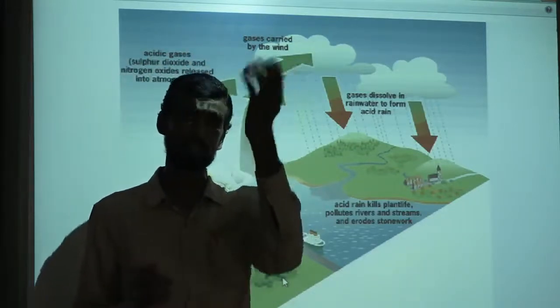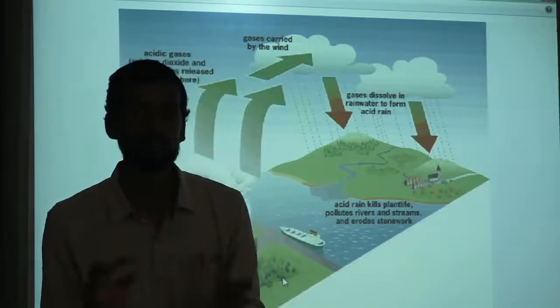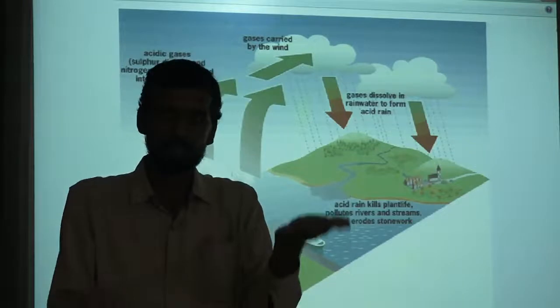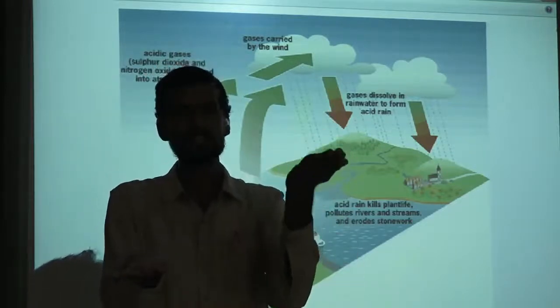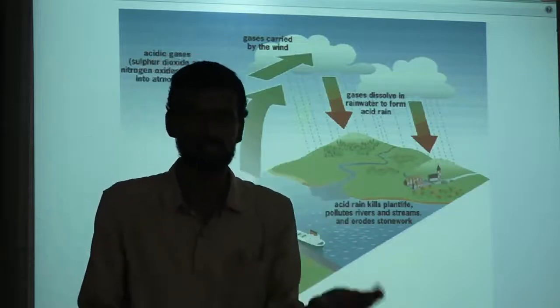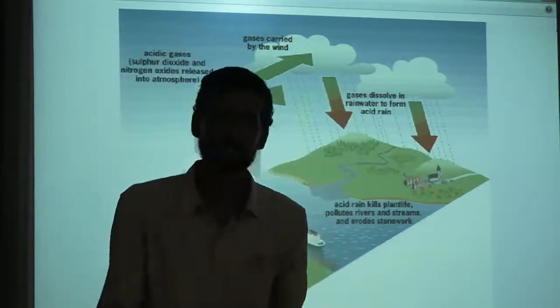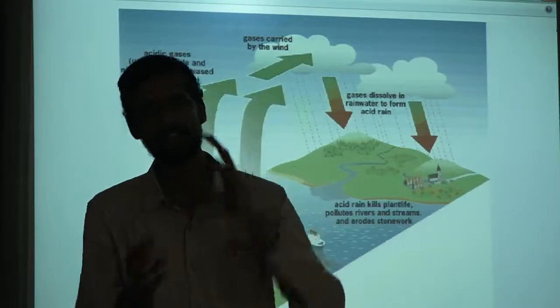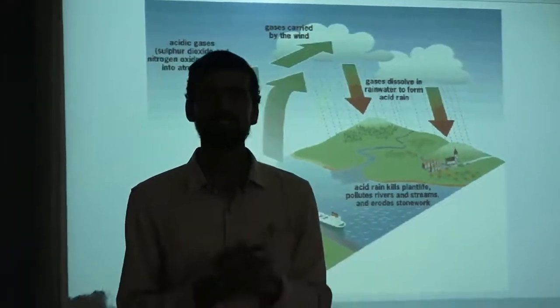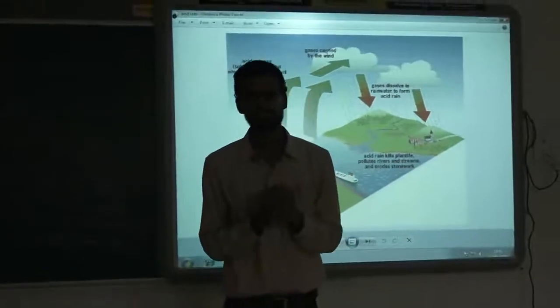If the basic nature of land is increased, the farmer can use compost. Compost contains acid. So we can balance the acidic nature and basic nature of a land with the help of acids and bases. If acidic nature is there, put base. If basic nature is there, put acids. Okay, so in this way we can properly treat our land.